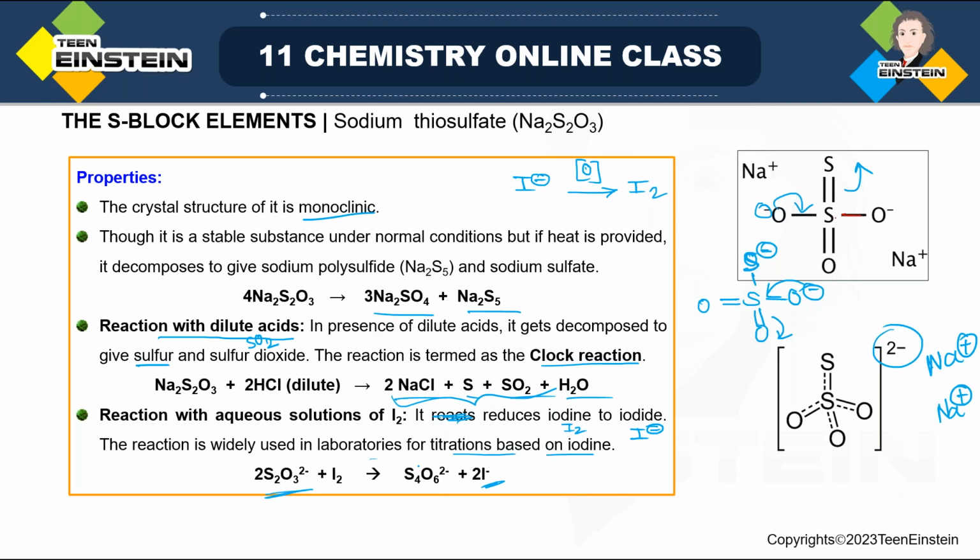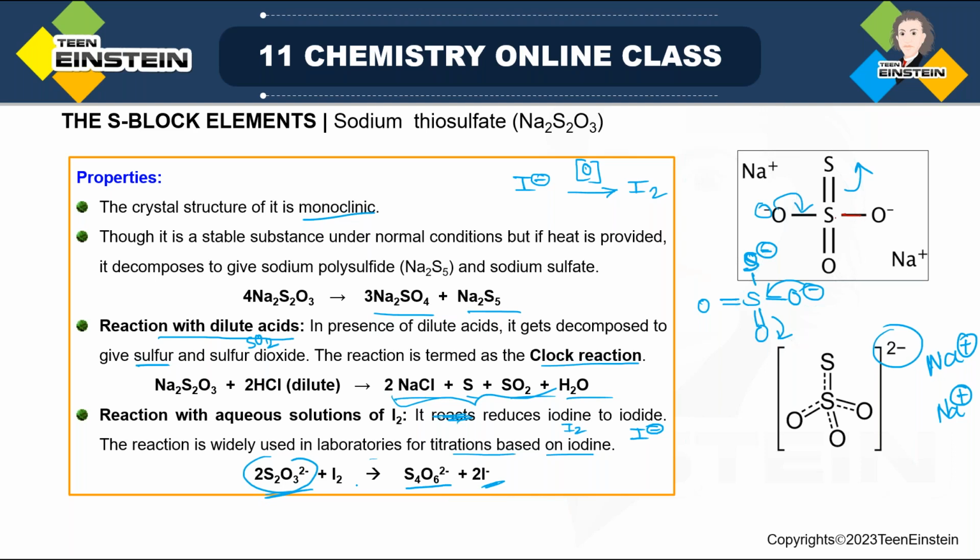So this type of reaction we use in redox reactions or in titration. That is a very common use. So here S2O3 2 negative itself is converted to this type of ion, S4O6 2 negative, and iodine is basically accepting electrons from S2O3 2 negative. So this is the reducing agent. It is two molecules of S2O3 2 negative reacting with one of iodine, so it is reacting 2:1.